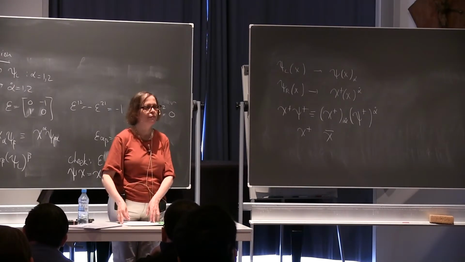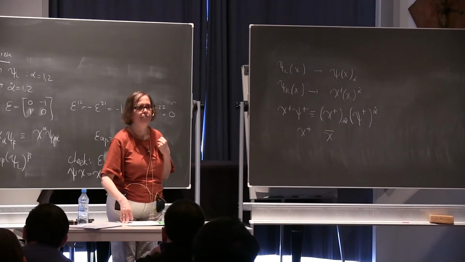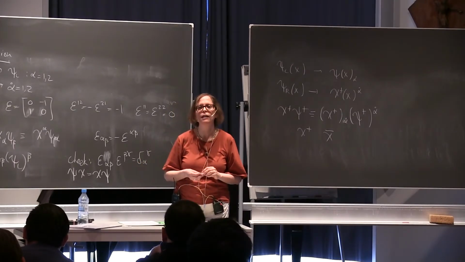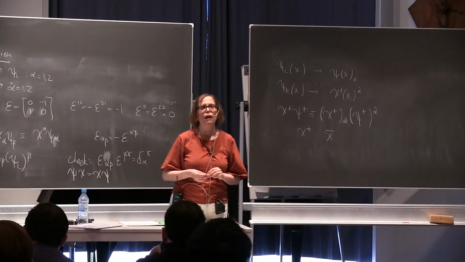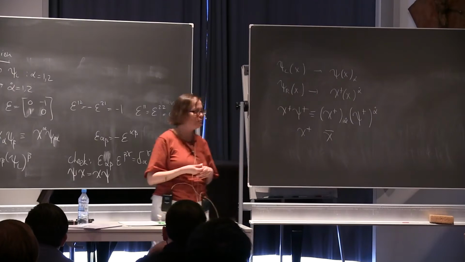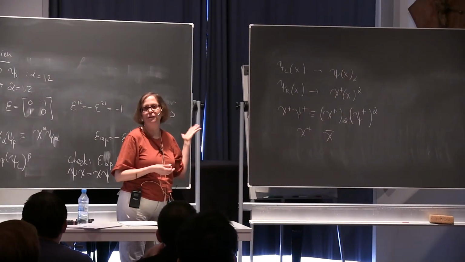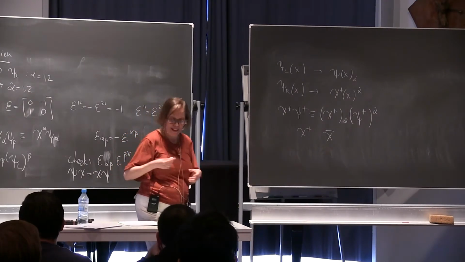Okay, any questions about this indexology? Is this just the helicity basis for the spinors? It depends on what you call the helicity basis. So it's just two-component notation with dotted and undotted indices.